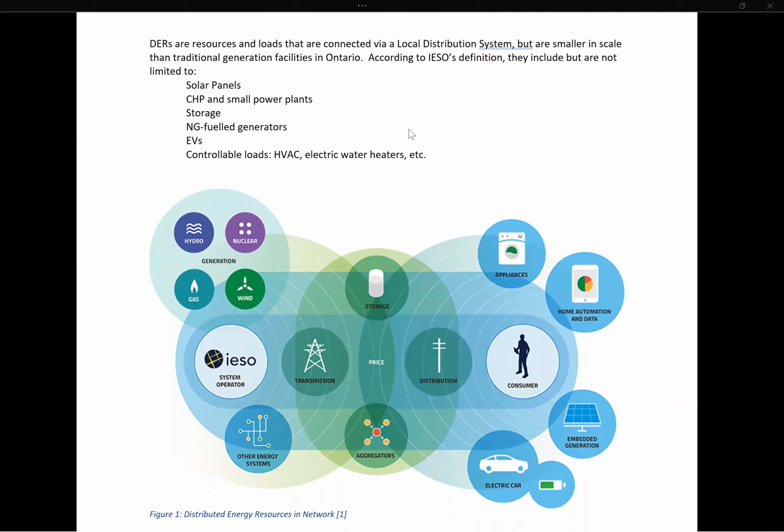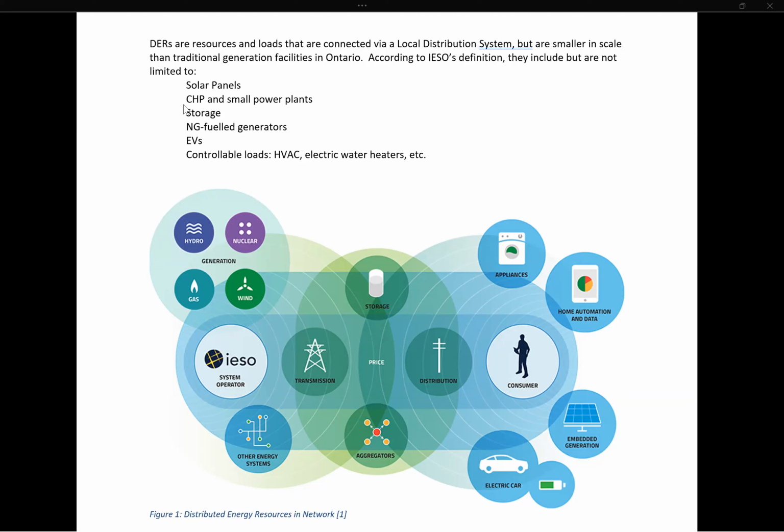They include, but are not limited to, solar panels on your house or in a commercial application, CHP, combined heat and power systems, small power plants you might have at an industrial or manufacturing facility. You might have some CHP as part of a community or district energy system.